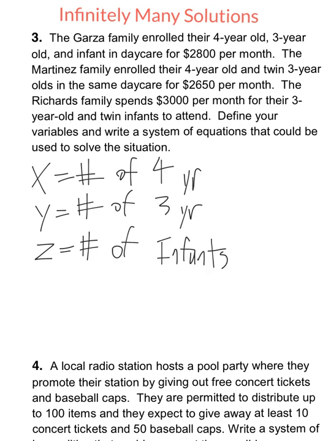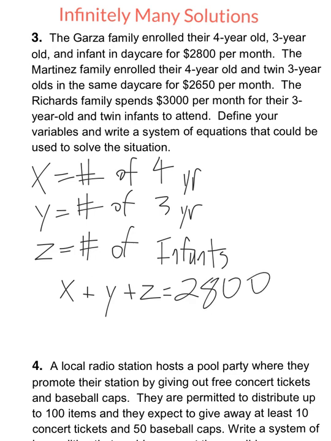All right, so that being said, let's just make our equations. How many 4-year-olds did the Garza family have? They had 1 4-year-old, so I'm going to write 1x plus a 3-year-old, 1y, and an infant, 1z equals 2,800. All right, let's do the next family.